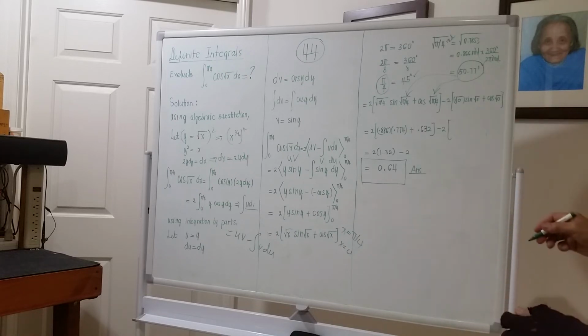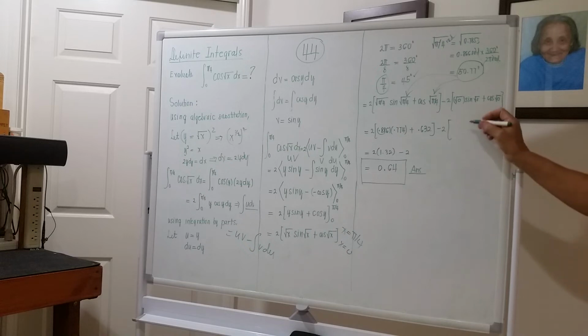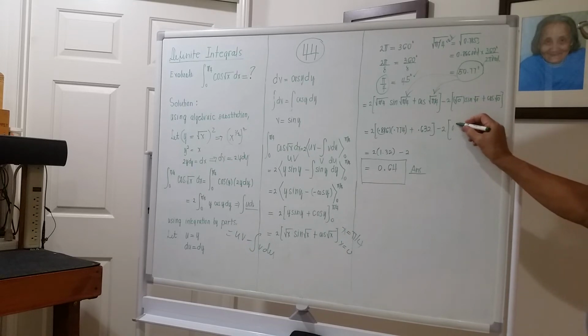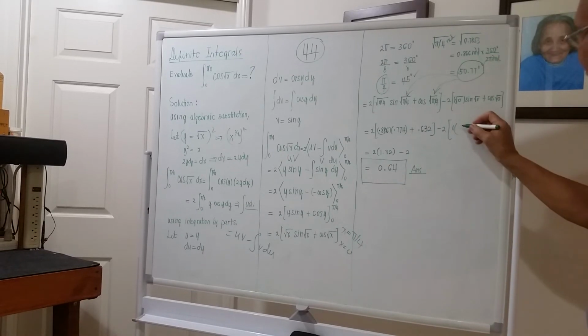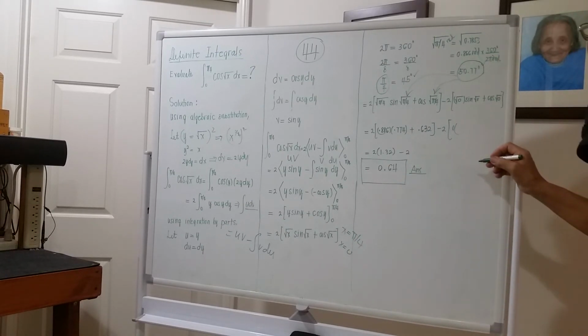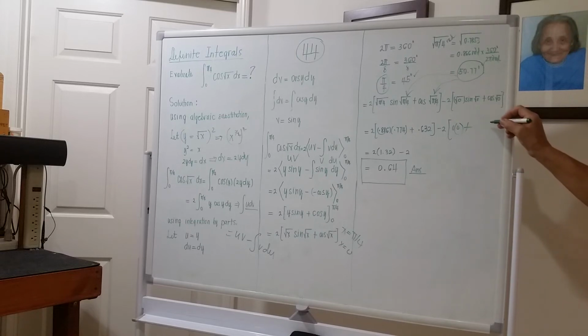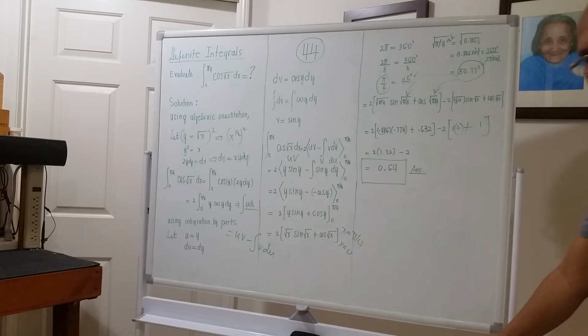For the lower limit, it will be easy now because square root of 0 is 0. Square root of 0 is still 0. And the sine of 0 is still sine of 0. What will be sine of 0? It's 0. Okay? Plus cosine of 0, that will be 1. What will be sine of 0, guys? 0. 0 degrees sine.